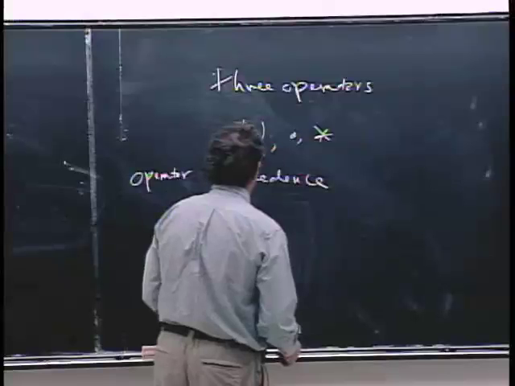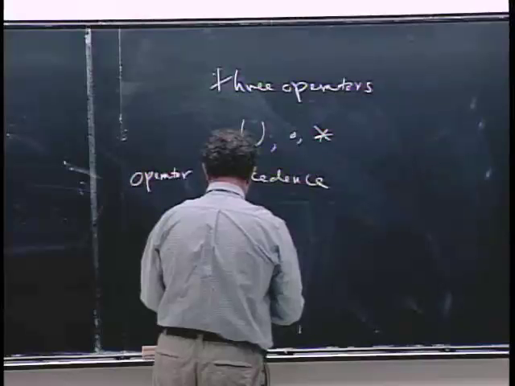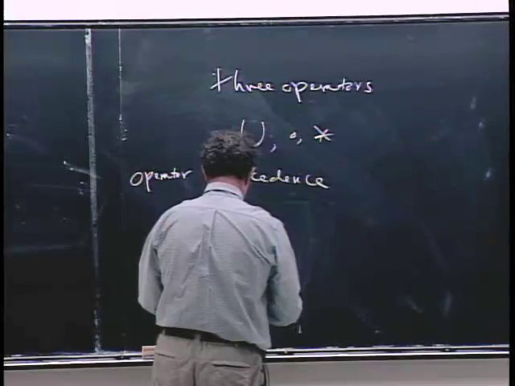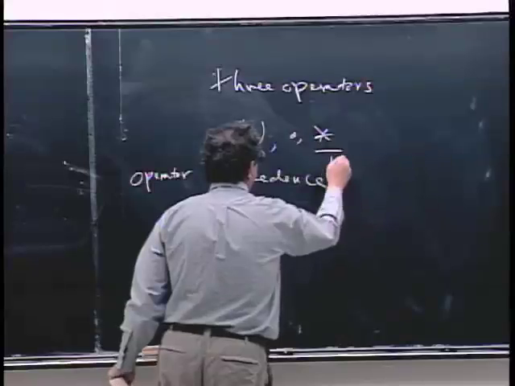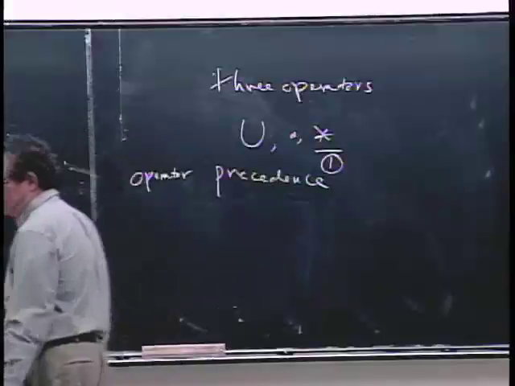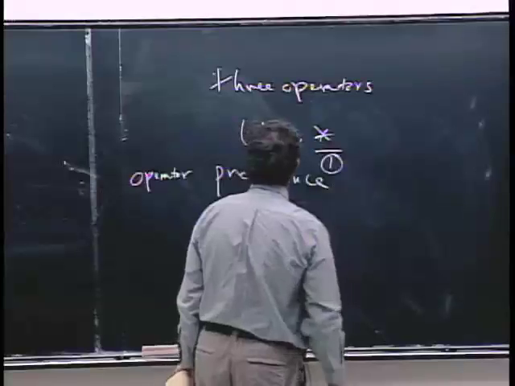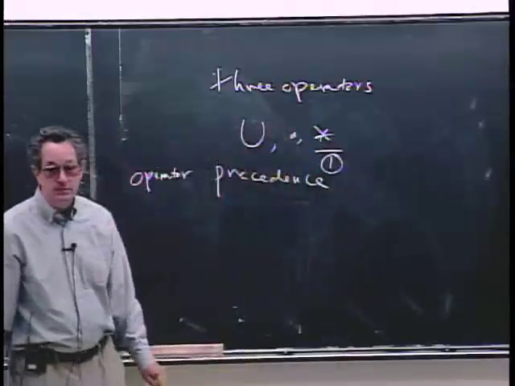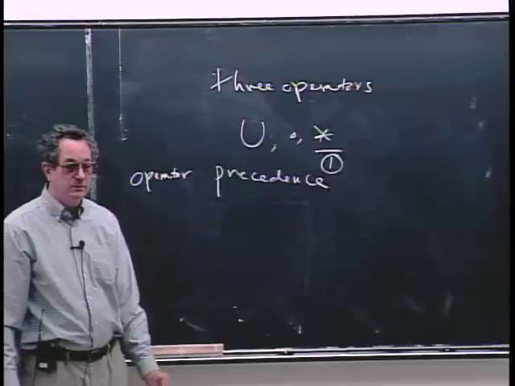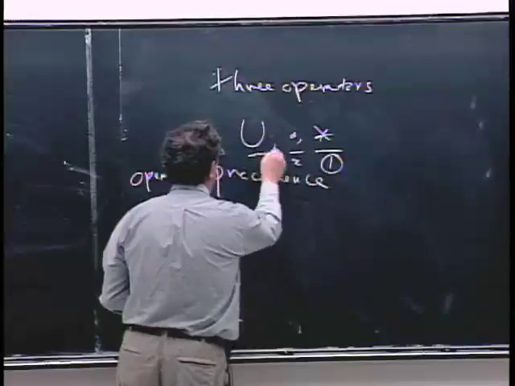the top precedence is star, that's number 1. What's number 2? Well, this is number 2, and this is number 3.